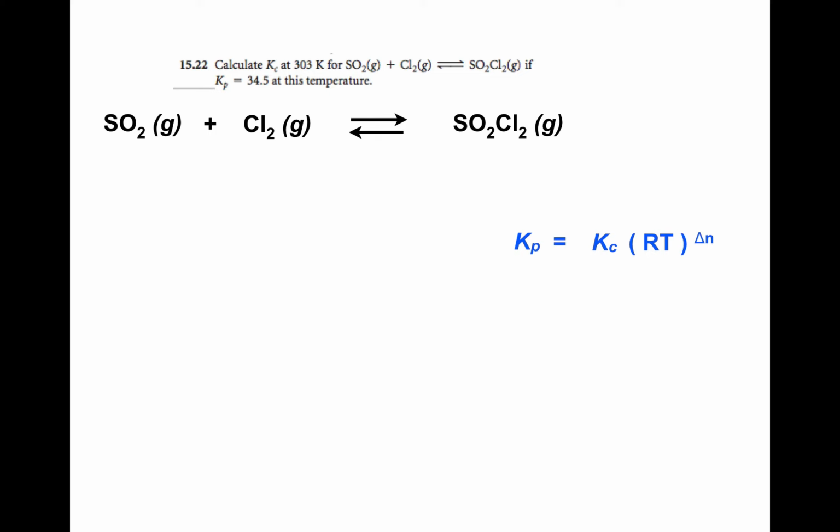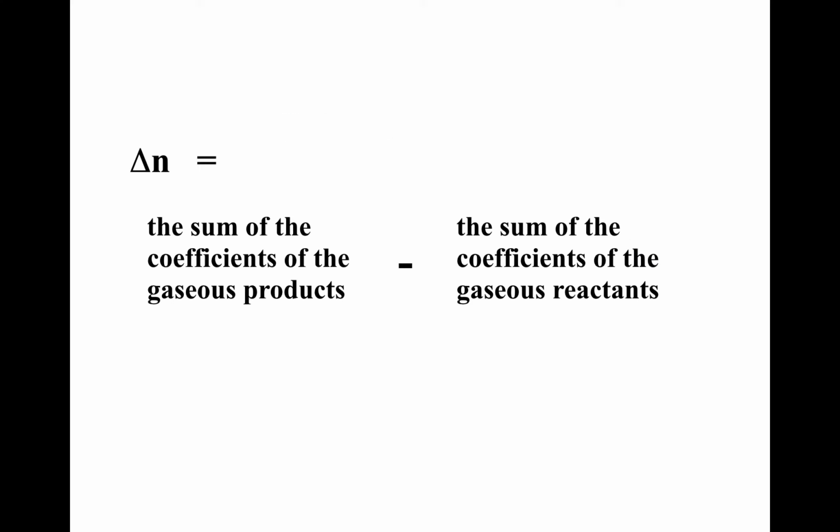You can convert between a Kp value and a Kc value by multiplying by RT, the gas constant times temperature in Kelvin, raised to the delta n. So in this problem, they gave me Kp. So if I divide both sides by RT raised to the delta n, I can solve for Kc by plugging into this. The trick here is, what is delta n? Delta n is defined as the sum of the coefficients of the gaseous products minus the sum of the coefficients of the gaseous reactants.